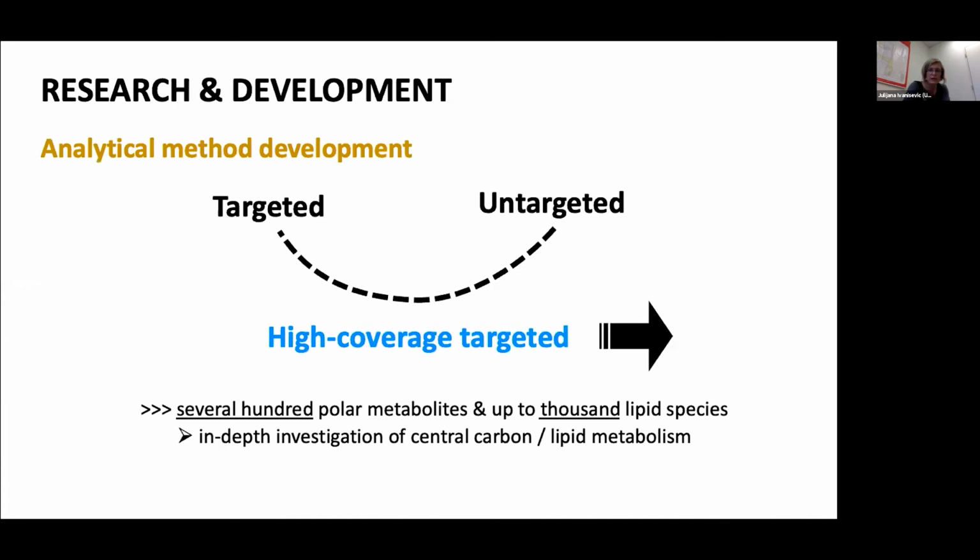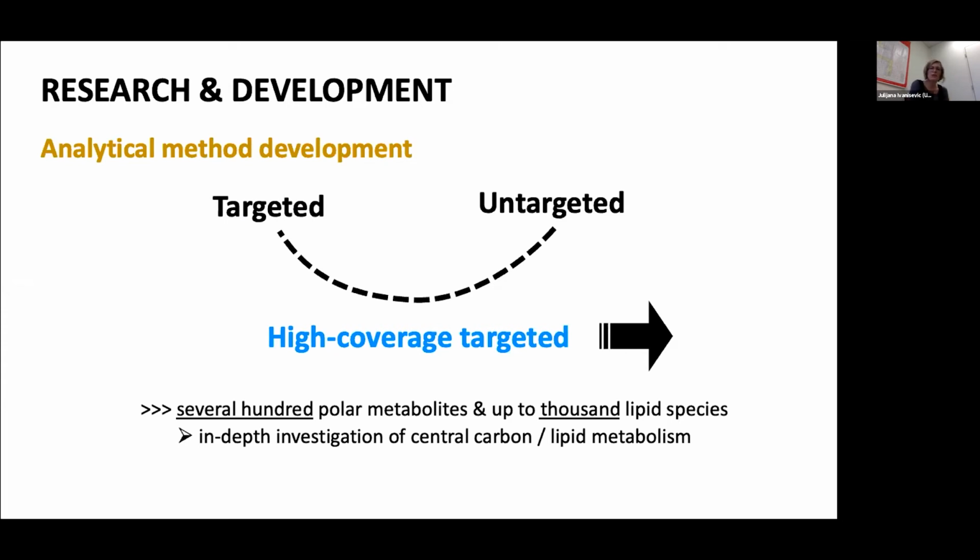So in terms of analytical method development, I have already mentioned this, but we are really mainly focusing on the development of high coverage targeted methods, mainly to bridge the gap actually between 2 existing extremes. On one side, the classical targeted methods with which we would rather focus on one specific pathway or one class of metabolites of interest. And on the other extreme, the untargeted analysis with which we are always trying to measure as many metabolites as possible.